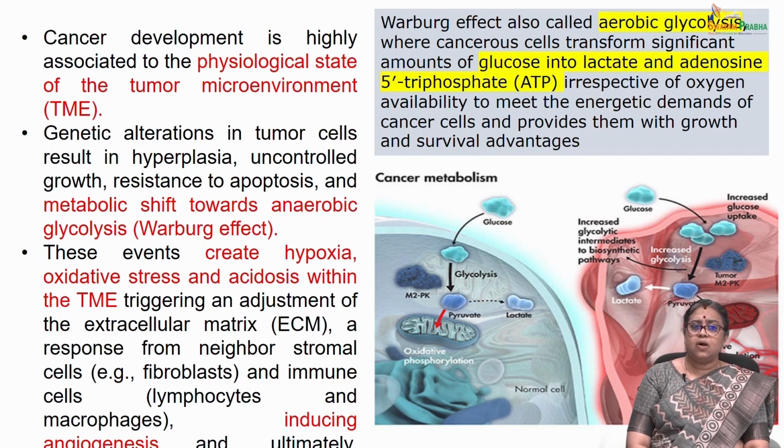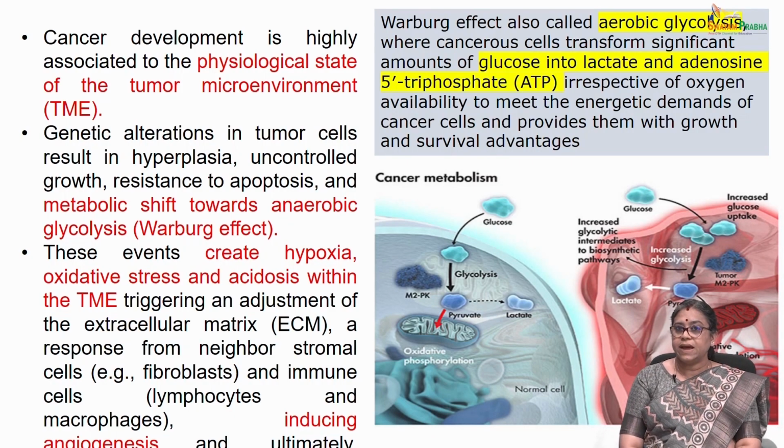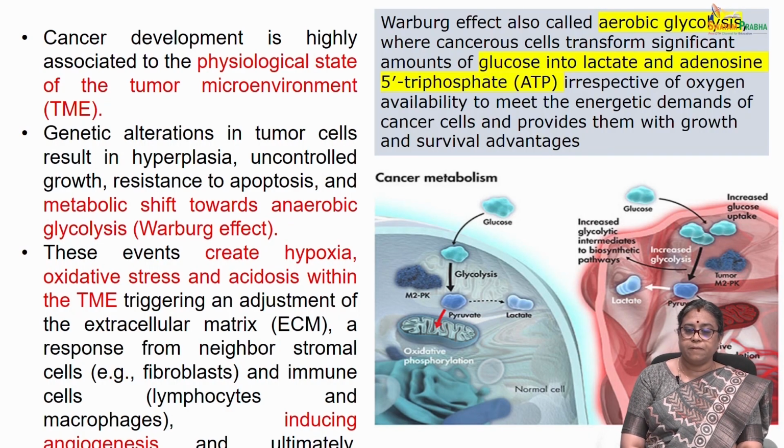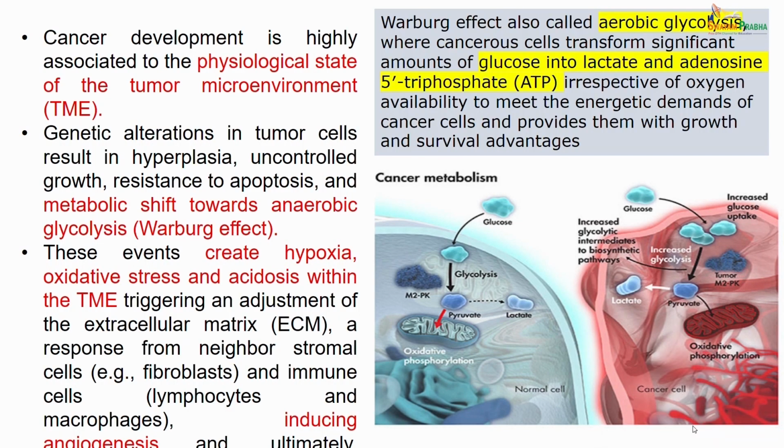Now, there are a lot of cascading effects which happen because of this Warburg effect. If you look at cancer metabolism, normal cells undergo glycolysis and then oxidative phosphorylation in the mitochondria. But in cancer cells, the mitochondria may be injured or faulty in mechanism.